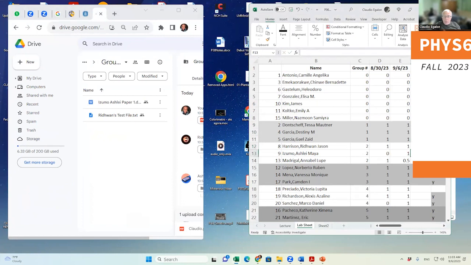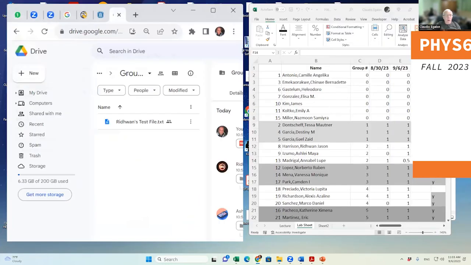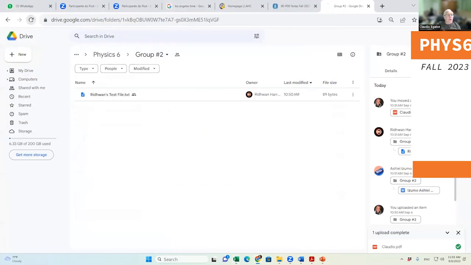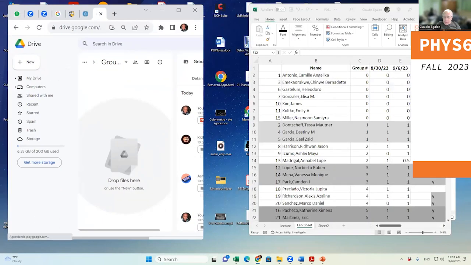Okay, nobody in group 2 has done that yet. Okay, here you go. Now we have it. Who's that? Ashley, right? Ashley removed it. What about Ridwan? Did you manage to remove your file, Ridwan? Let's refresh. Okay, Ridwan managed to do it.